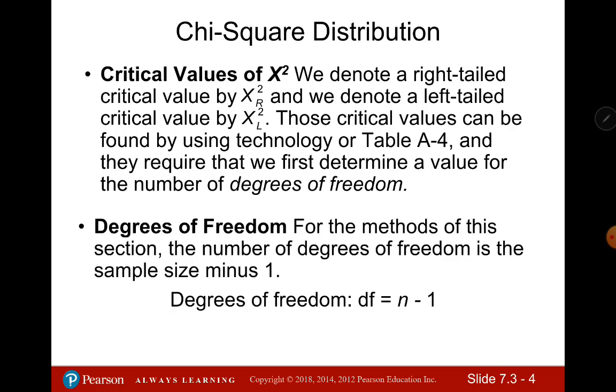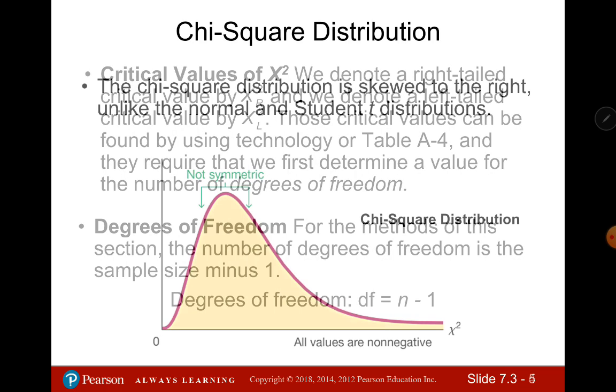We also need to check the degrees of freedom, just like when we check the t table. For the z table, we do not check the degrees of freedom, but for the t table we need the degrees of freedom. For the chi-square table, we also need the degrees of freedom, and it's the same, n minus 1.